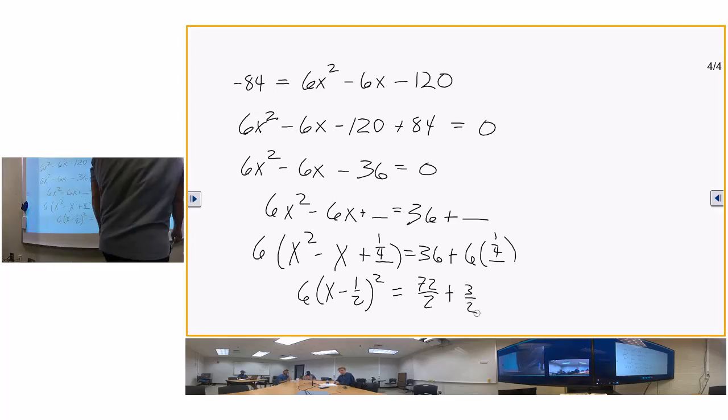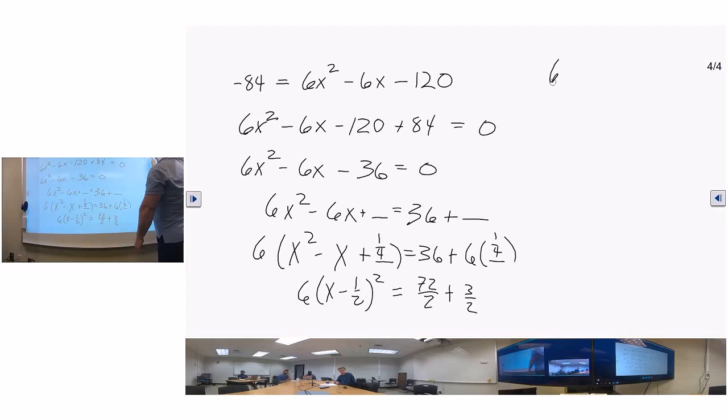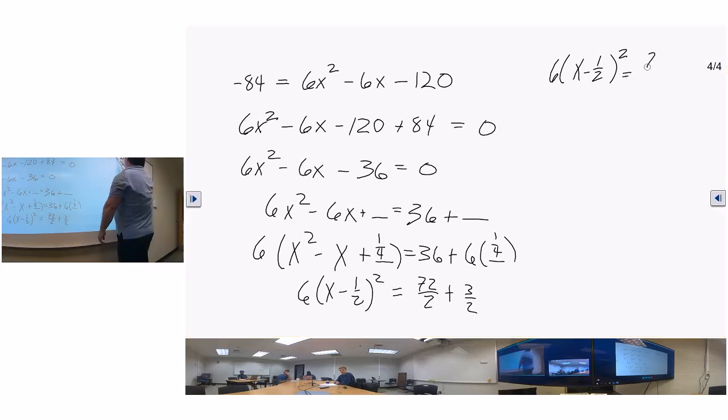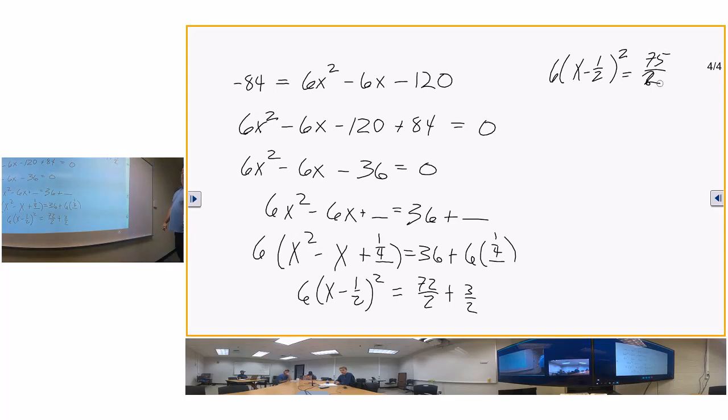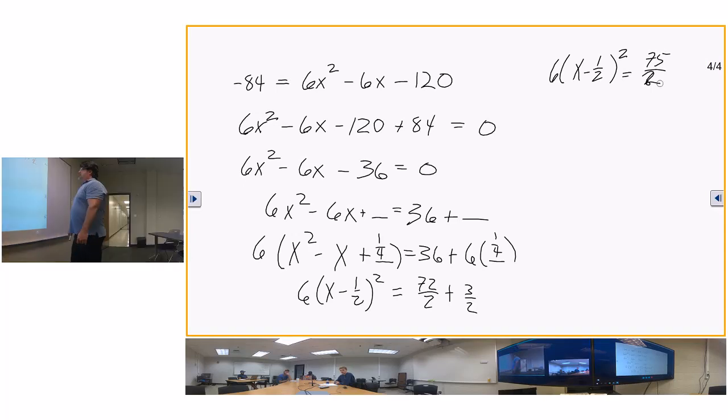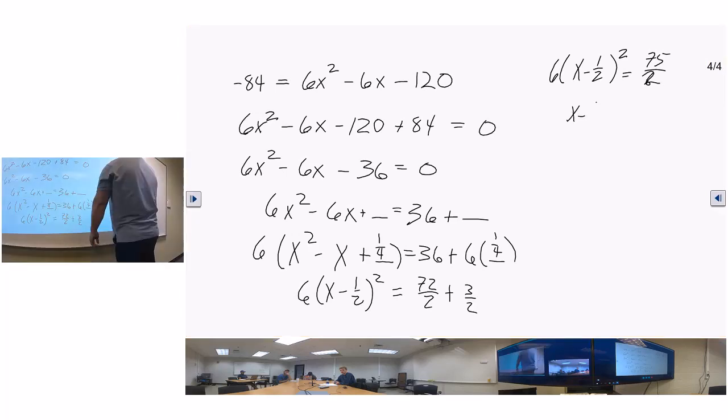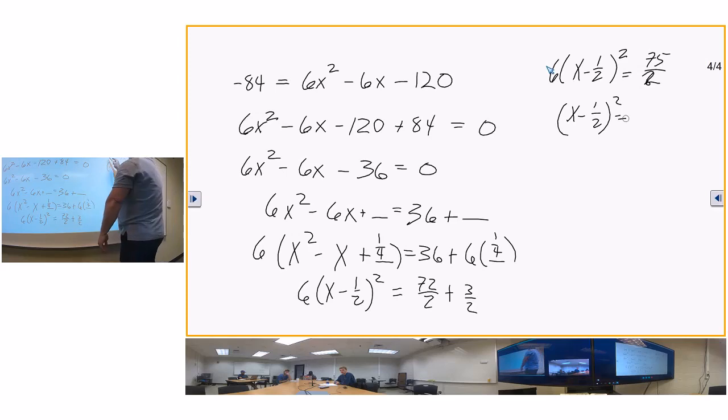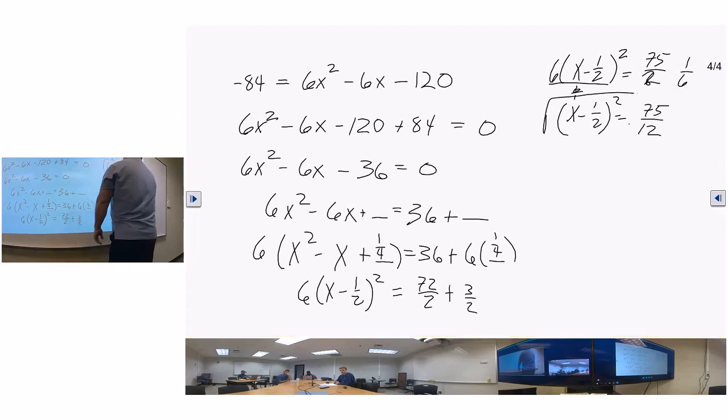So that's going to give us 6 times x minus 1/2 quantity squared is equal to 75 over 2. Then x minus 1/2 quantity squared is equal to, and I'm going to divide by 6 here, which means I'm going to multiply by 1/6, which is going to give us 75 over 12. Take the square root of both sides.